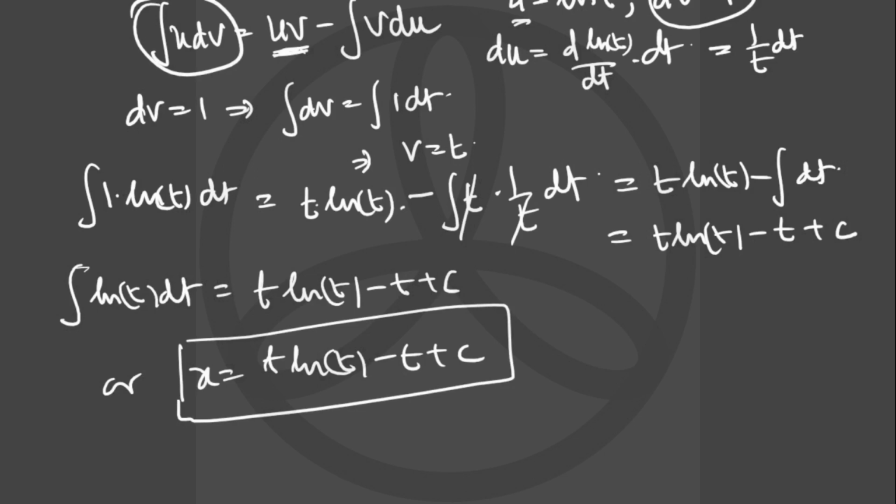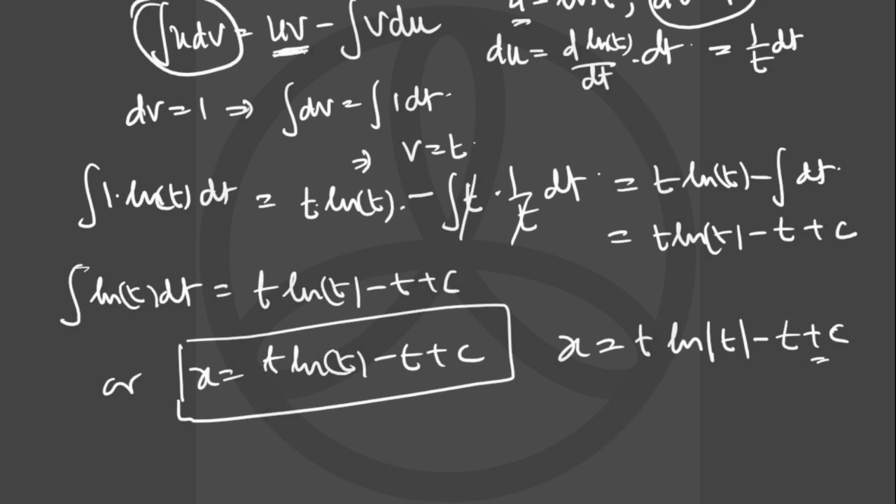and since you know that logarithm for any negative function is not defined, so usually we write it in a modulus, and then this will be minus t plus c. This is the general solution. Particular solution will be when we find c using the initial conditions given.